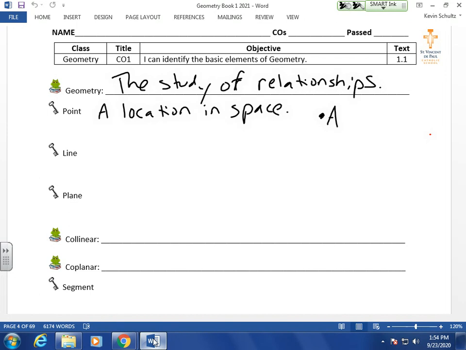Excellent. Okay. A line is a collection of points. I should say a collection of points that are collinear, but we haven't defined that yet. That's down here a little bit. But a line is a collection of points that can be connected.